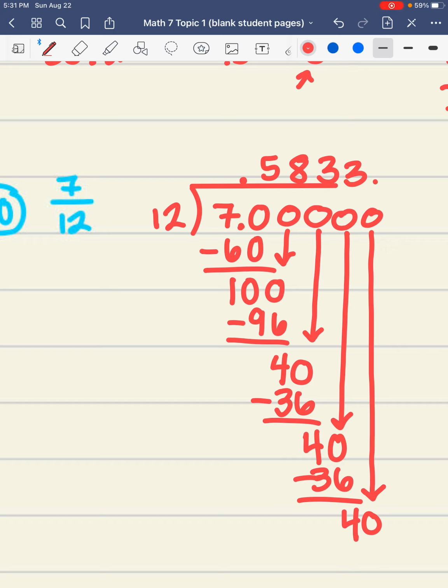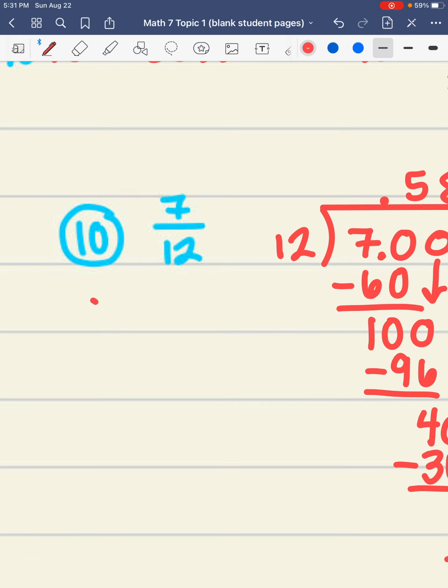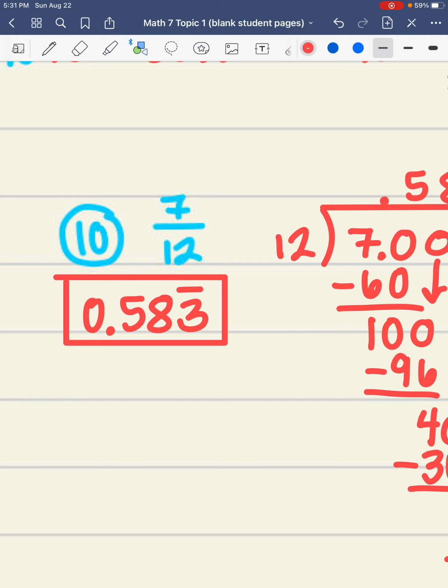So this fraction does not end, but it does repeat. And the way that we're going to write this is 0.583, and we're going to put a bar over that 3. What that bar indicates is that that 3 repeats forever and ever and ever.